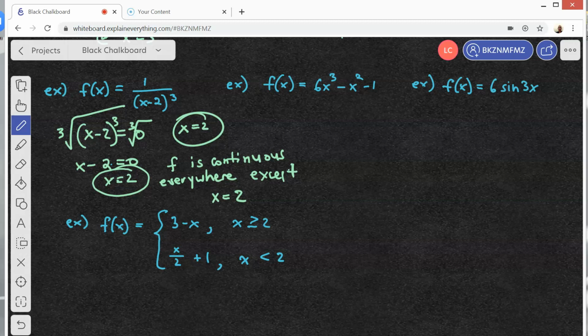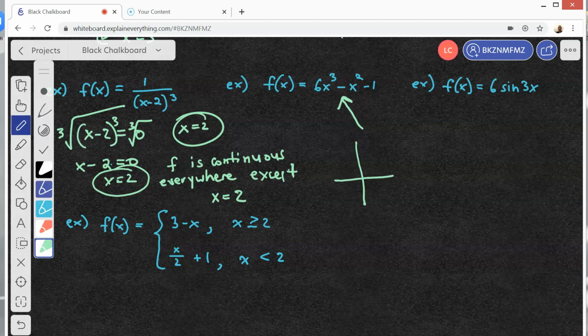Alright. In the next example, there is no fraction, there is no denominator. So this cubic function, if you recall from Algebra 2 your knowledge of functions, a cubic function might look like this, where there are no holes or breaks in the graph, so we say the function is continuous.